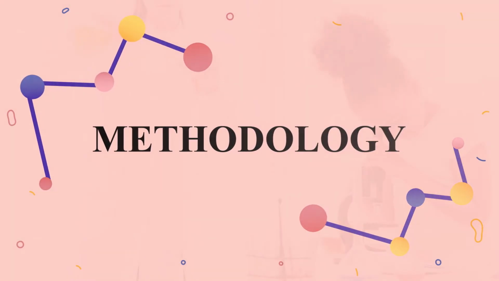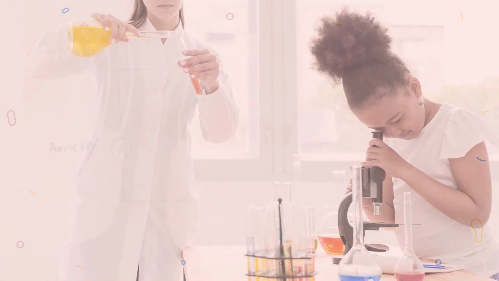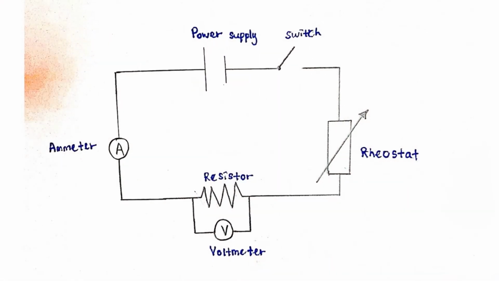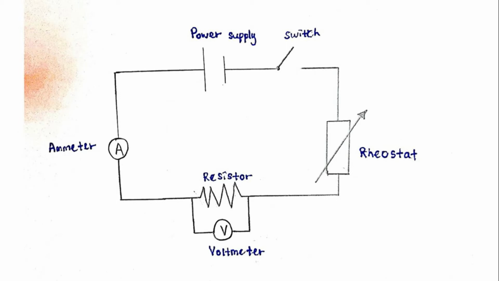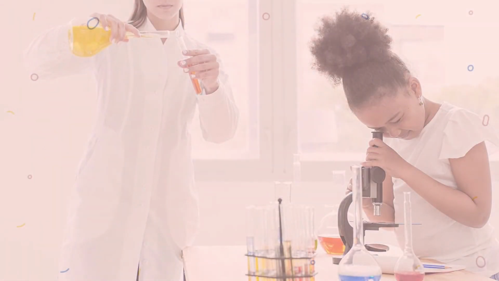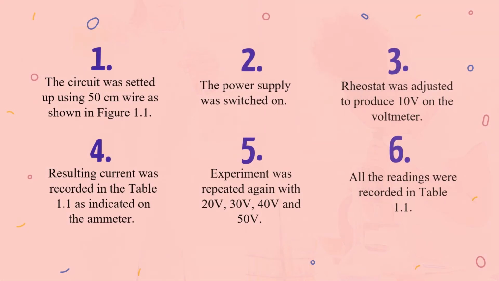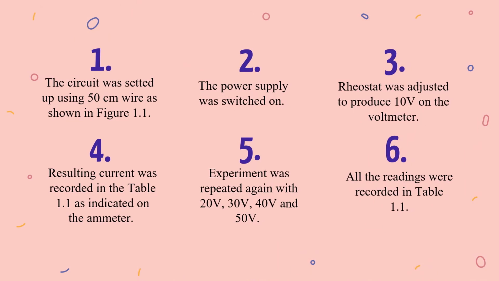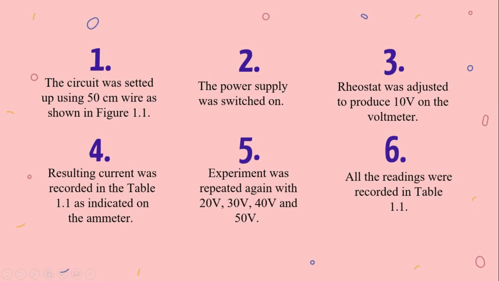Moving on to the methodology, figure 1.1 is the sketch of the circuit. Firstly, we can see the power supply and the switch, then the rheostat followed by the resistor, voltmeter and ammeter. There are several steps that we need to follow to do the experiment. Firstly, the circuit was set up using 50 cm wire as shown in figure 1.1, and then the power supply was switched on.